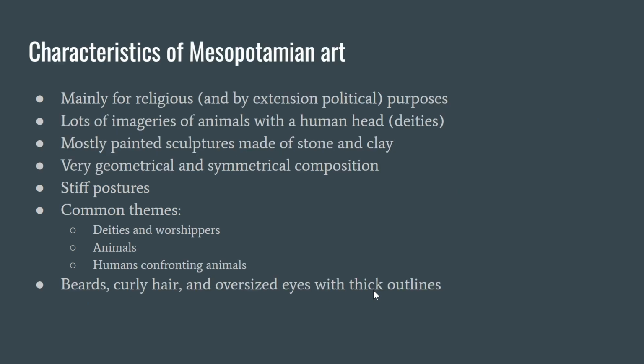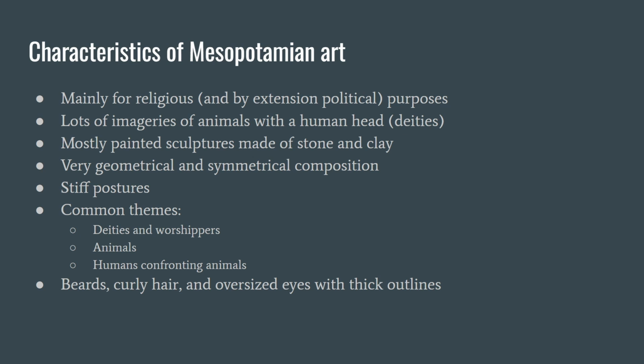So what are some characteristics of Mesopotamian art? First of all, they're mainly for religious and, by extension, political purposes, which means they're not art in the strictest sense. They're more like illustrations.